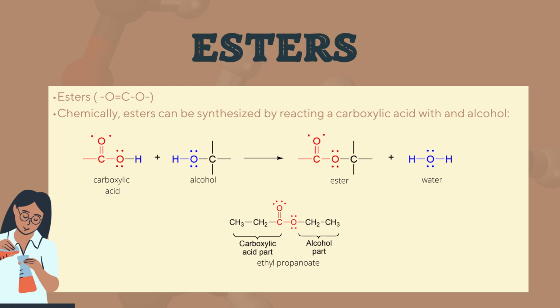Okay, fine. Now the names of esters are derived from the parent alcohol and an acid. For example, the ester formed by ethanol and ethanoic acid is known as ethyl ethanoate, right? Now the ethanol is reduced to ethyl, while the ethanoic acid from the carboxylic acid group is reduced to ethanoate, right?